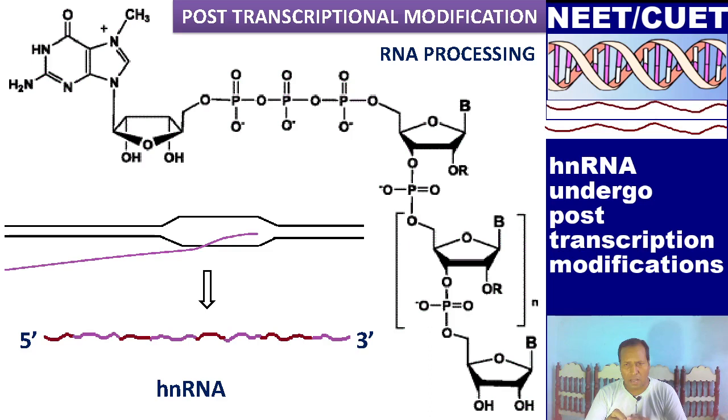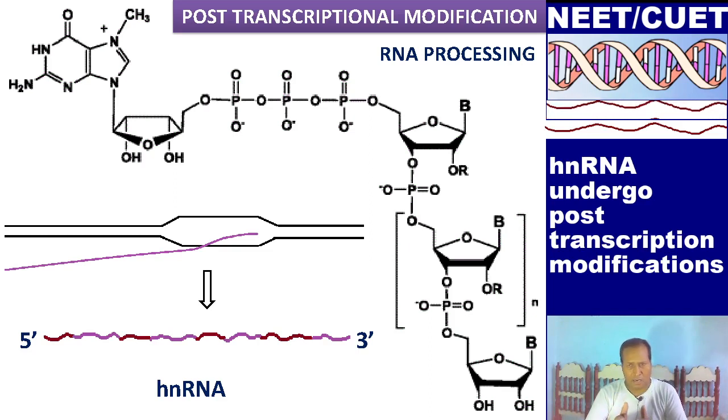Heterogeneous nuclear RNA contains both coding and non-coding sequences. Coding sequences are known as exons and non-coding sequences are known as introns. So, introns must be removed from hnRNA. This is one type of post-transcriptional modification.